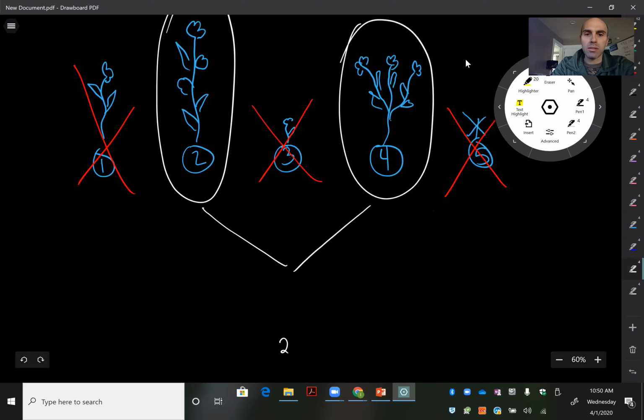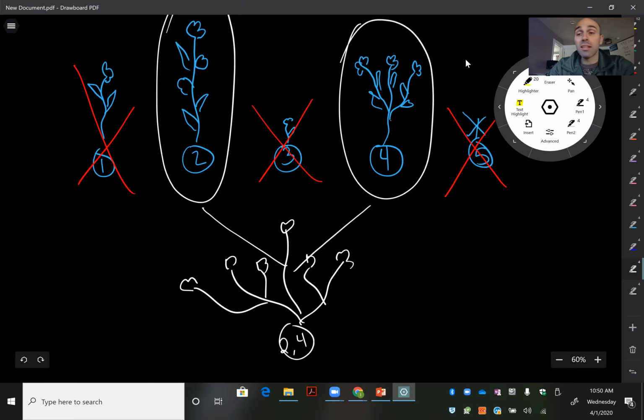We'll call him plant 2, 4. And he's going to be so strong. He's going to have all of these plants that come off, right? And he's going to have all of these fruits that we get. So this is selective breeding. Okay, guys, this is what selective breeding is. So hopefully you can kind of see this. We're doing it without even knowing.